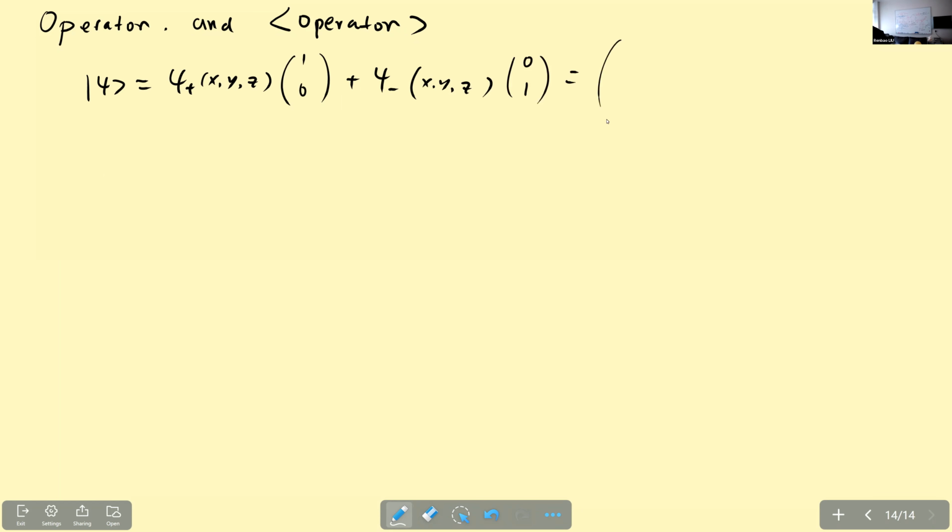So it can be written as the column (psi_+, psi_-). Okay, and these psi_+ and psi_- are just two certain wave functions defined in the three-dimensional space. Okay, and the spin is denoted by a matrix. So in general the two could be different. Okay, so let's consider a few examples.